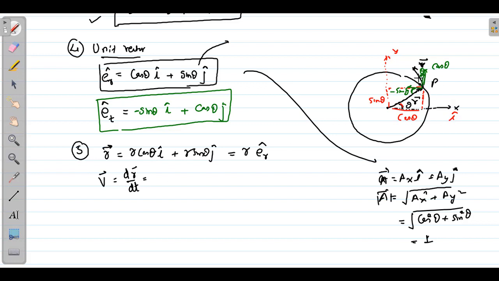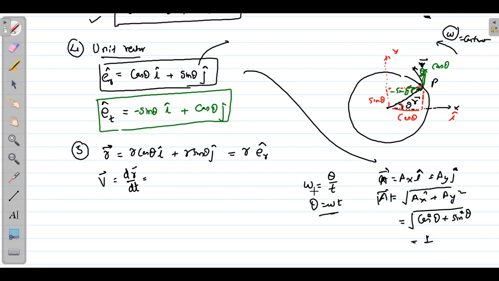We are told the object is moving on this circle with uniform circular motion. It means its speed is constant, or in other terms we can say it has constant angular velocity. So omega can be written as theta by t, or theta equals omega t.